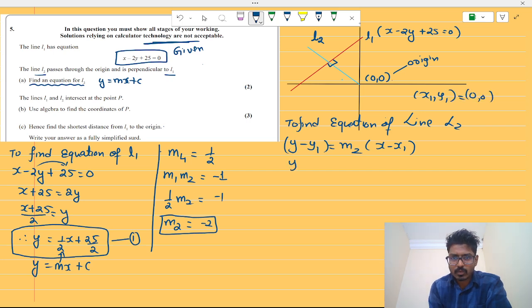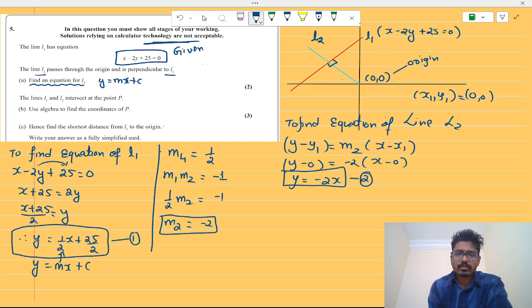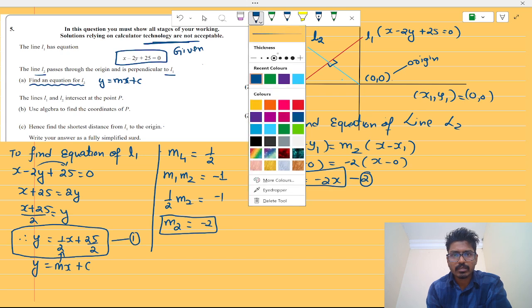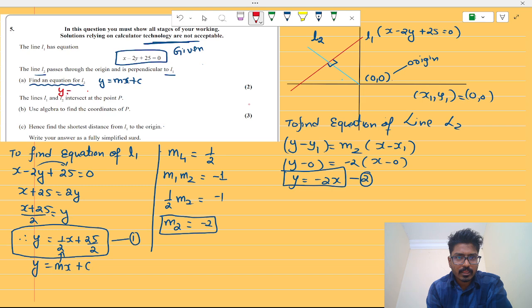So y minus 0 equals m2, which we already obtained as -2, times x minus 0. Therefore y equals -2x. So this is our equation of the line L2, y equals -2x.